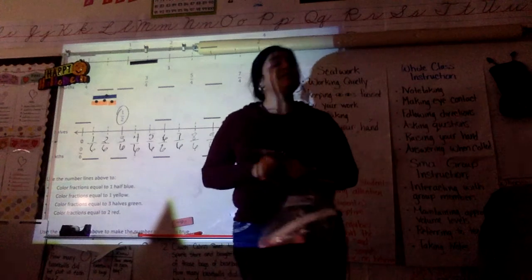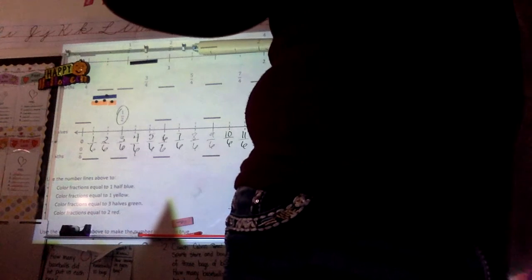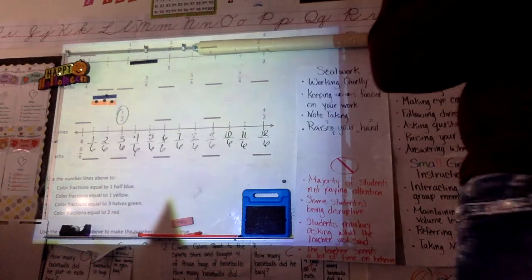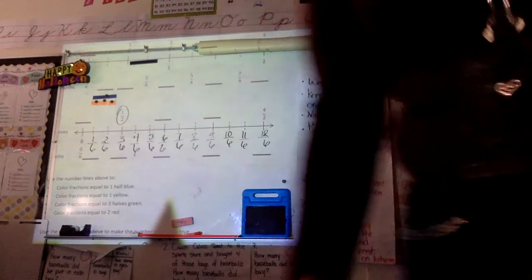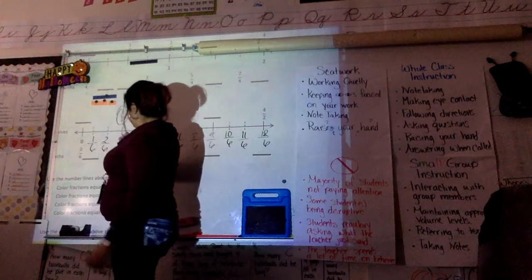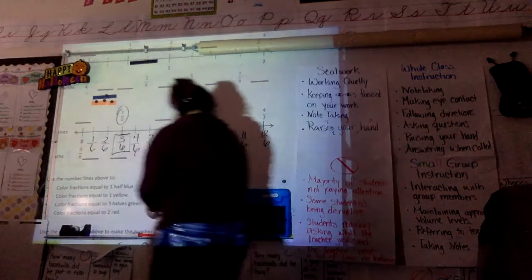Okay, now you're going to do some coloring at the bottom of the page. I want to make sure you understand the directions at the bottom of the page. It says color fractions that are equal to a half blue. So, we found some that were equal to a half. That means I would color this fraction blue.